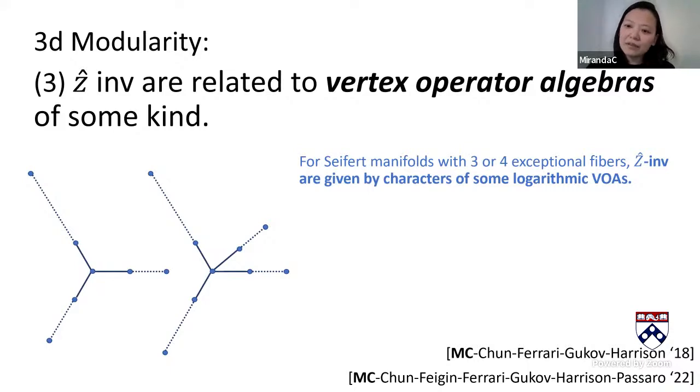And indeed, in the later paper, we did lots of calculations, generalizing from SU(2) to other ADE groups, and we could show in general, for this kind of graphs, the Z-hat invariants are always given by characters of some logarithmic VOAs, as long as the signature of the graphs are such that we can compute things. So that's nice.